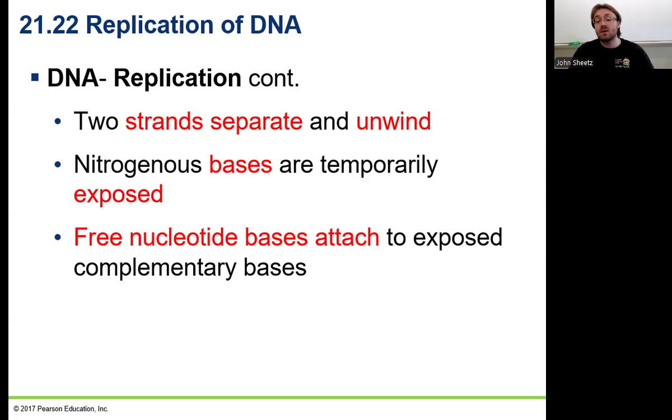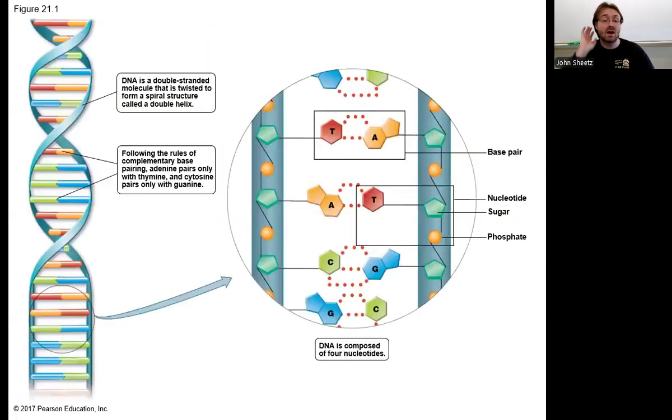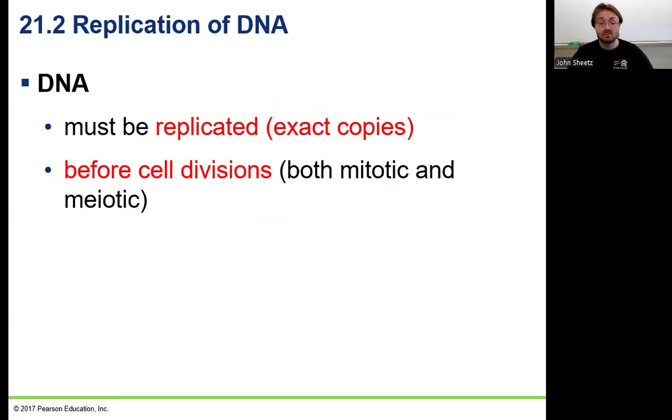At this point, the free nucleotide bases form a new hydrogen bond with a complementary base pair, following the same code that we see here. T's will always bind to A's. If we split this in half, then the free T is going to seek out any sort of A it can find.